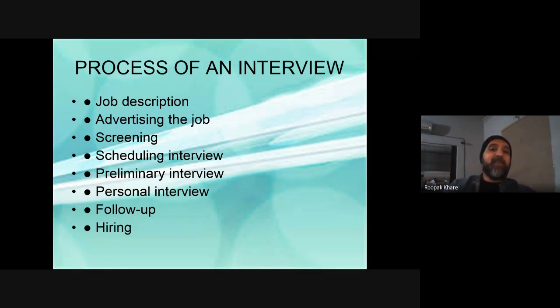Two, an advertisement is given for the job so that people can come and apply. Then screening is done. The people who broadly fit into that demand of the job description are being screened. They are being selected for the next round. Then the interview is scheduled. Preliminary interview happens.